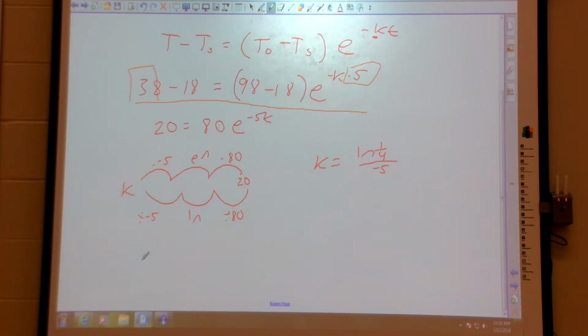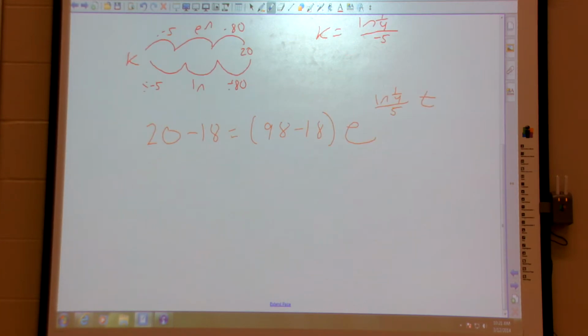So I know now 20 minus 18, 98 minus 18, e. Now be careful, this is a common mistake right here. Negative k, but I already have a negative, so I have natural log of 1/4 over 5. You with me there? A negative, negative, when I plug it in the formula.